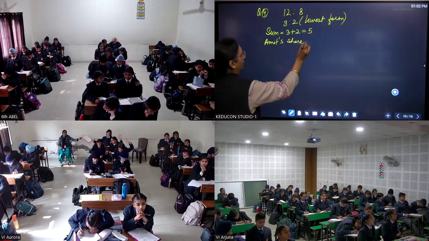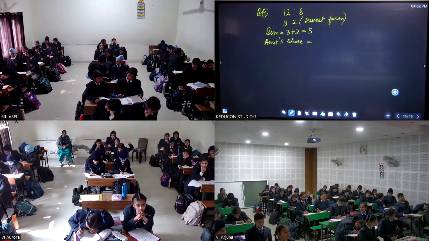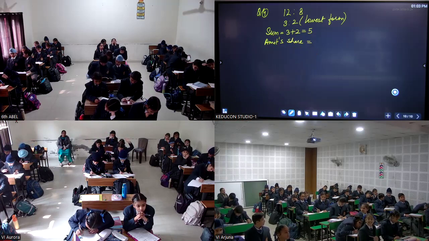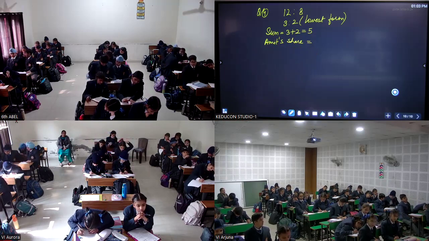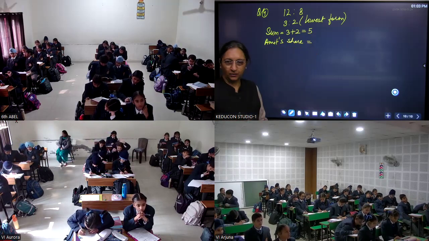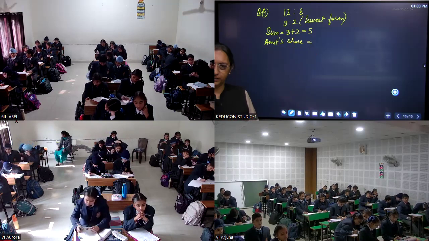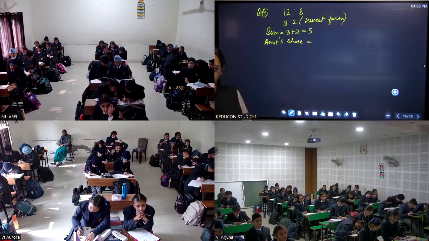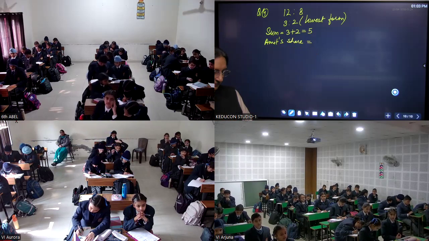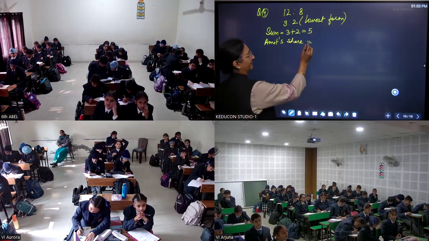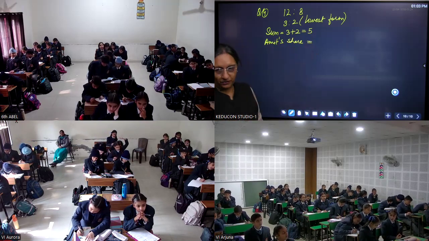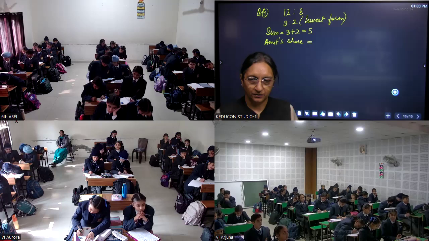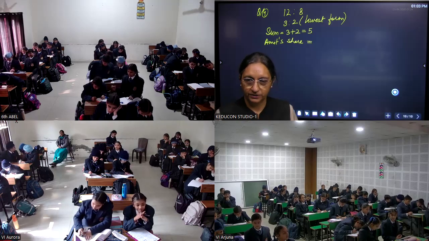Okay. Tell me then what will be Amit's share? Ma'am, Amit's share will be 18,000. How? Ma'am, I have done 30,000 divided by 20 multiplied by 12. Okay, sit down. You have done a big calculation.